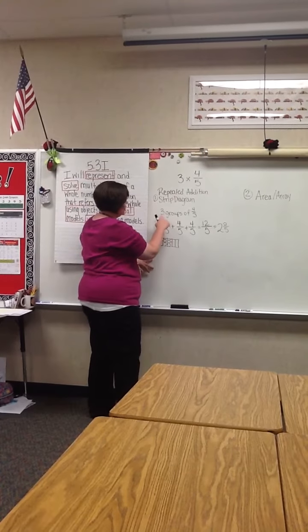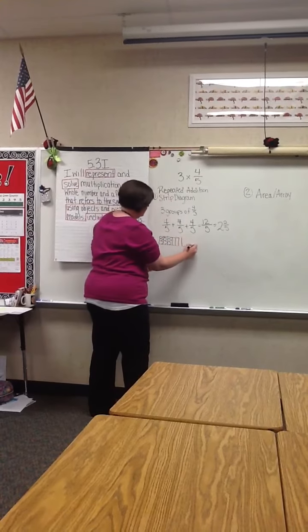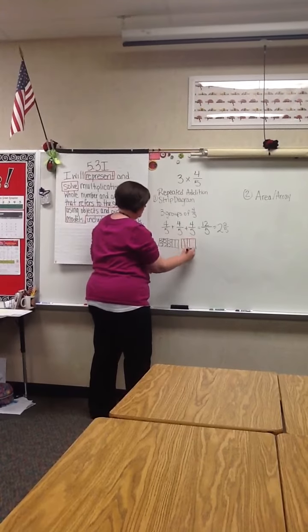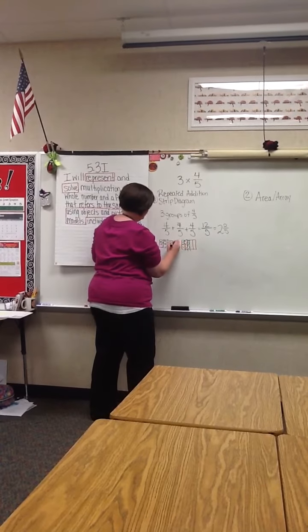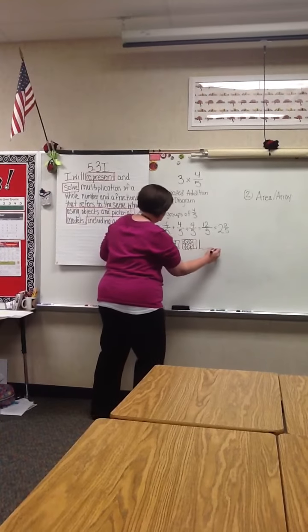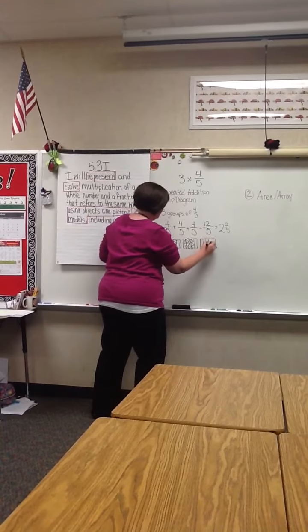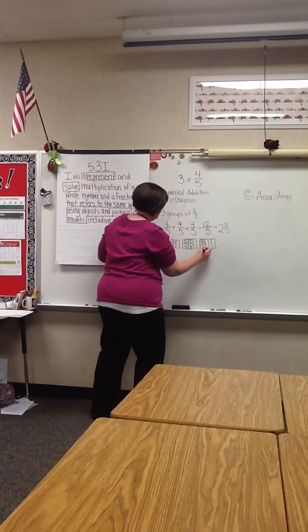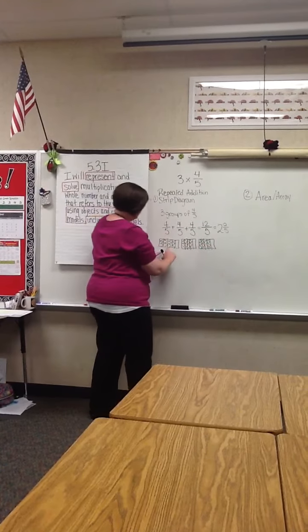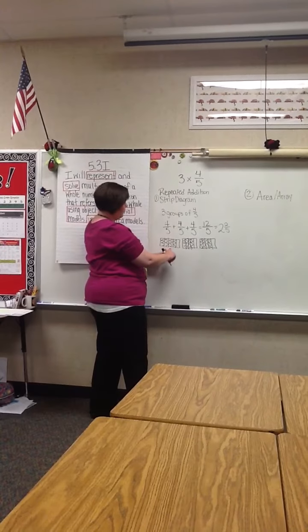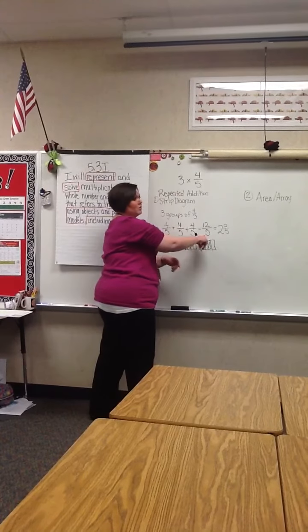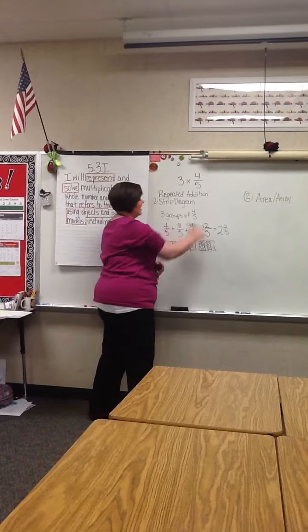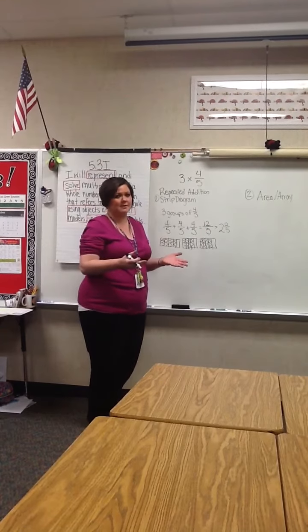And you're going to do that until you have 3 groups of those. And so you can see that you have 4/5 here, 4/5 here, and 4/5 here, and it equals 12/5, which again is equivalent to 2 2/5.